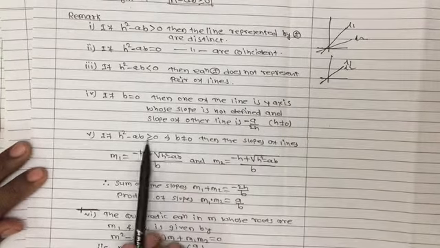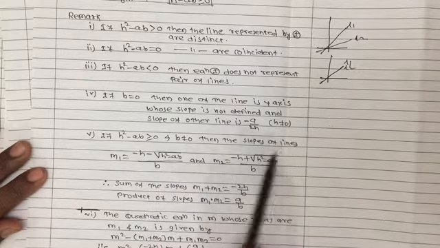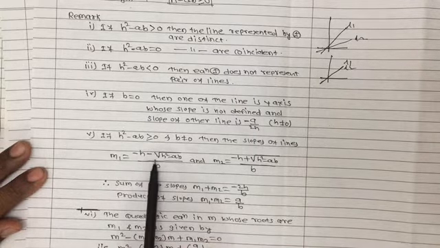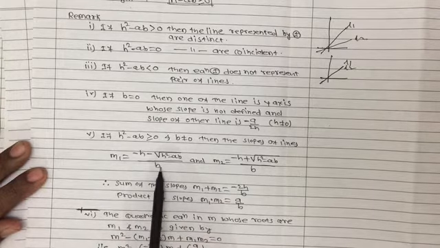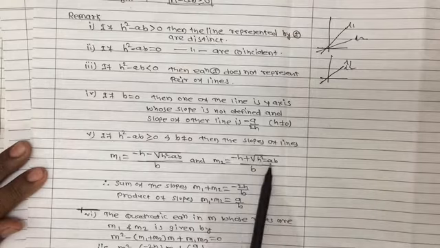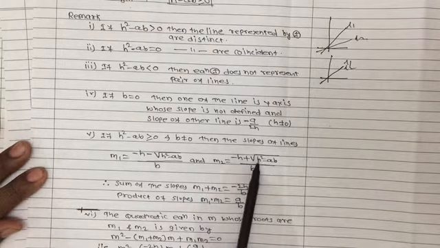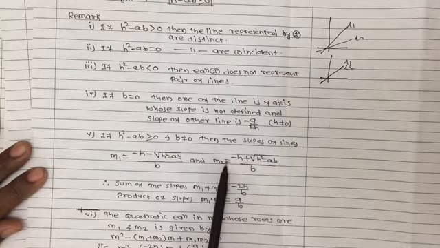If h square minus ab is greater than or equal to 0 and b is not equal to 0, then the slopes of the lines are m1 equals minus h minus square root of h square minus ab upon b, and m2 equals minus h plus square root of h square minus ab upon b. This is the same as in a quadratic equation, how we find the roots.